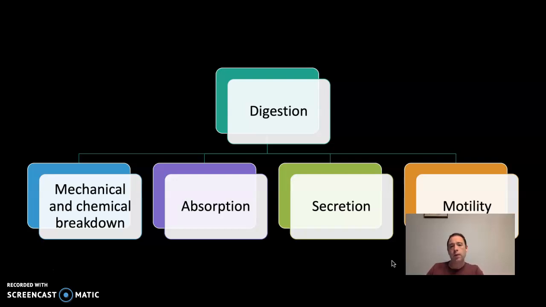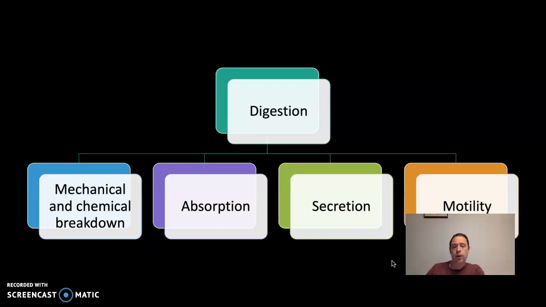the GI epithelium for distribution throughout the body, secretion, which can have a couple of meanings. One, referring to the movement of water and ions from the interstitial fluid into the luminal space of the GI tract, or another meaning the release of substances synthesized by the GI epithelium into the luminal space or into the interstitial fluid, respectively.